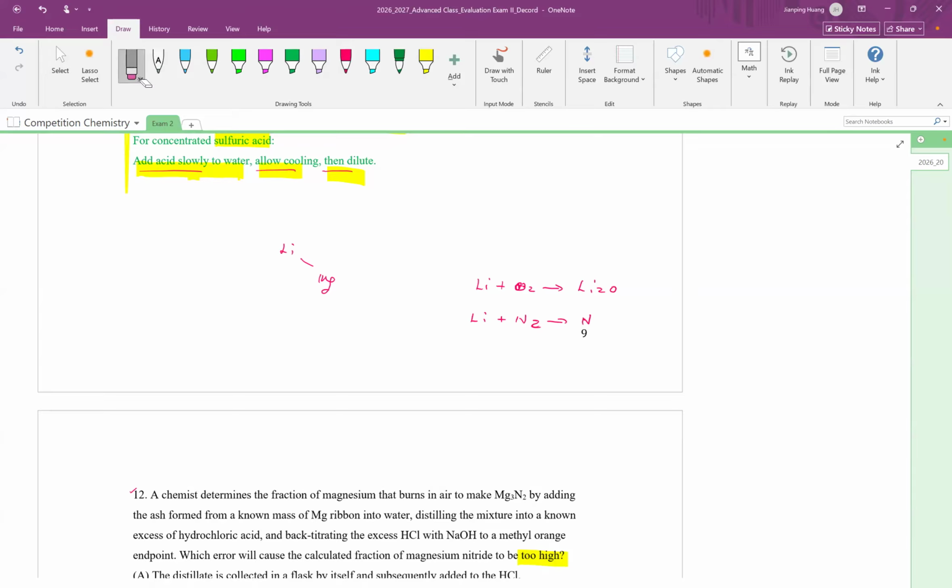You get the nitride, okay? Right? Magnesium is the same. Magnesium is the same, okay? And the Mg3N2, that's one. Of course, this is a white solid. It's a white solid. Of course, magnesium.